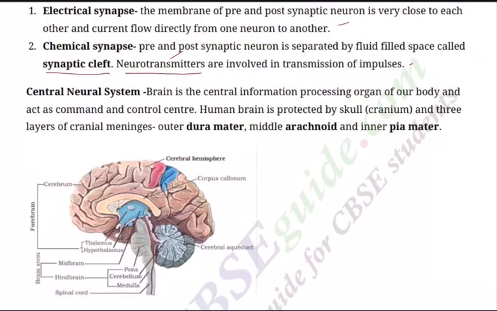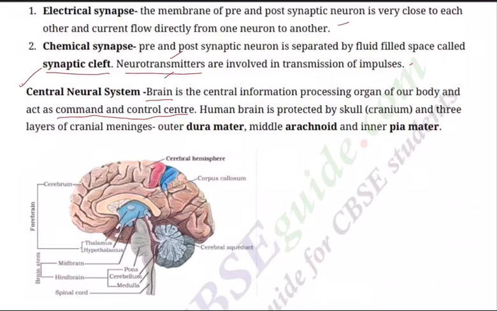Having understood this functional unit of the nervous system, that is the neuron, we move on to the major nervous system present in our body, the central nervous system, or central neural system. It includes two things, as we said. The main thing is the brain. The brain is the central information processing organ of our body and acts as the command and control center.